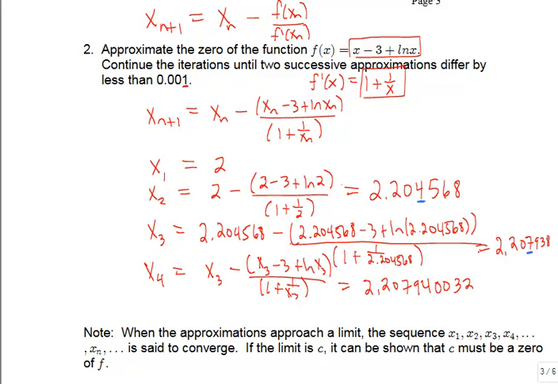Okay, and this is when we know we're done, because if we look at that third decimal position, it is exactly the same as x sub 3's third decimal position, and in fact the 9's match as well. So I know that using Newton's method guarantees that my zero is going to have accuracy up until that 7 as well as up to that 9, since that didn't change either.